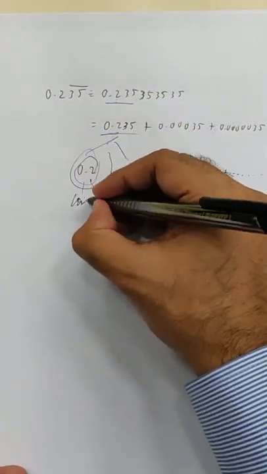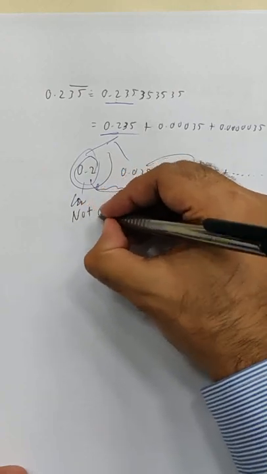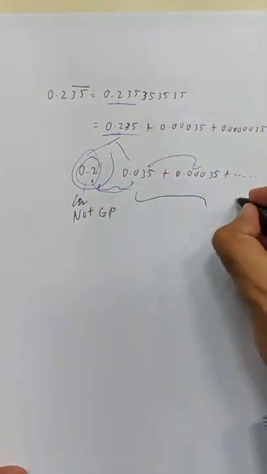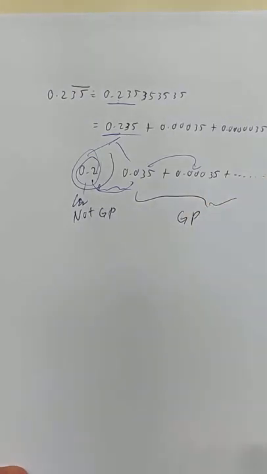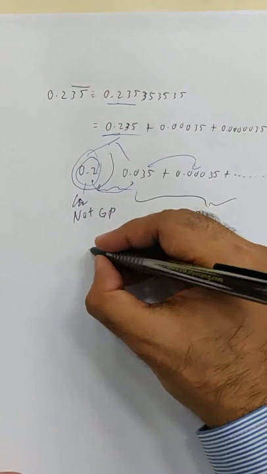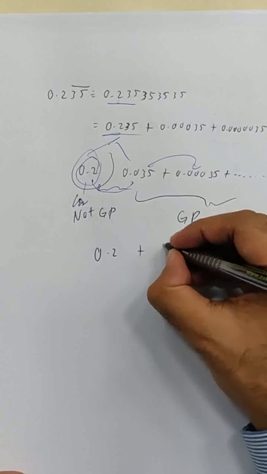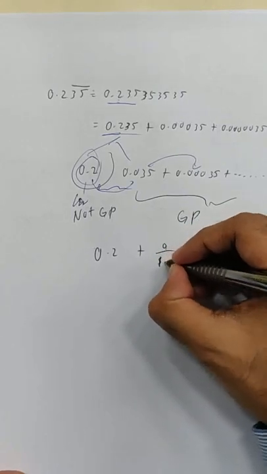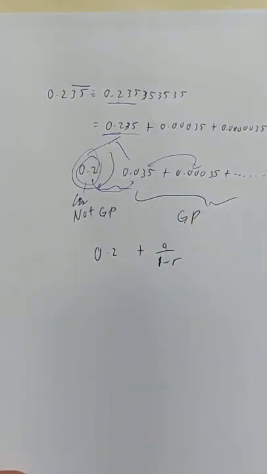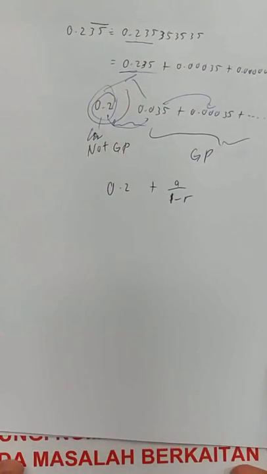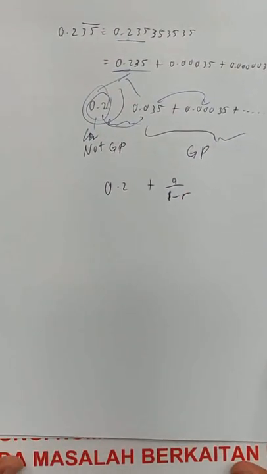This is not the GP, but this part here is the GP. Do you understand that part? So what's happening here is 0.2 plus the summation to infinity over here.